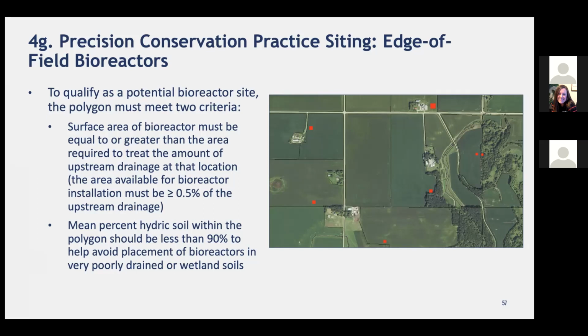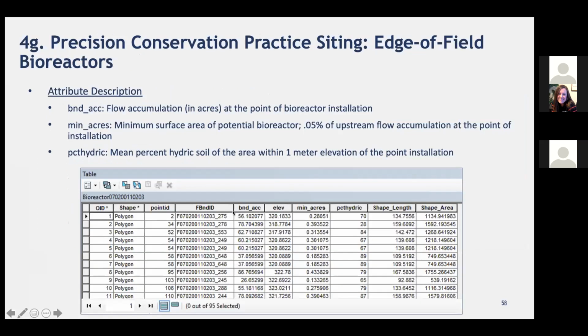And so you can see bioreactor placement in these red squares. One thing to note is that the size of the squares are different, and those sizes reflect that upstream drainage. Here's an example of the output table that comes with the bioreactors.